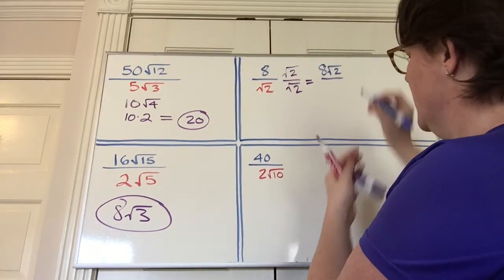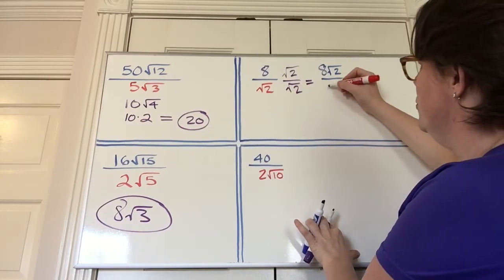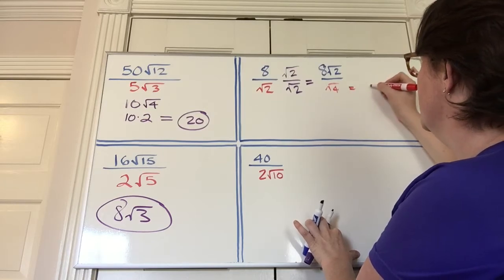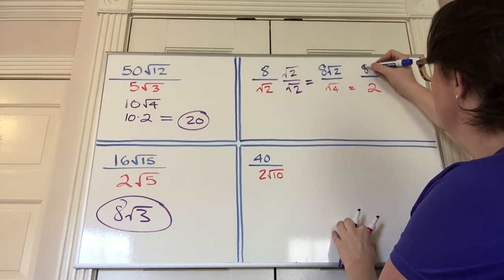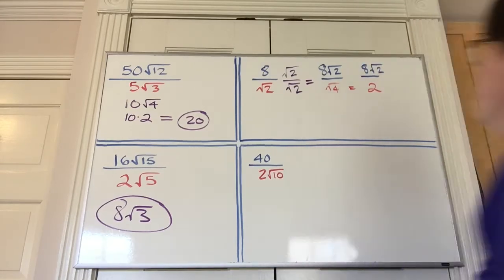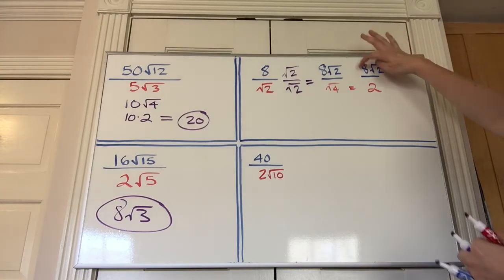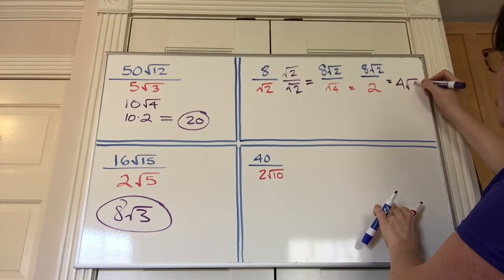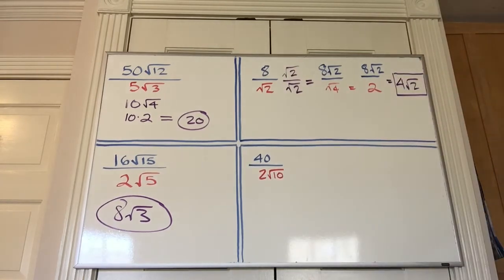And on the bottom, I have the square root of 2 times the square root of 2, which makes the square root of 4, also known as 2. So this problem has become 8 root 2 over 2. And so now I actually can do the problem because I know that regular 8 divided by 2 is 4, and the root 2 just comes along for the ride. So the final answer to this one is 4 times the square root of 2.